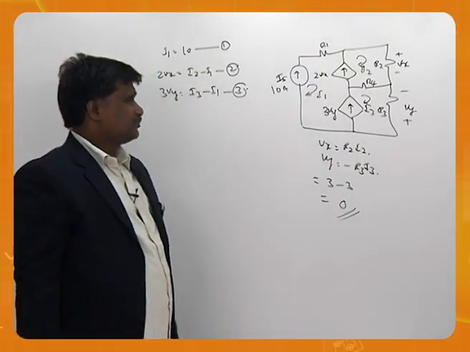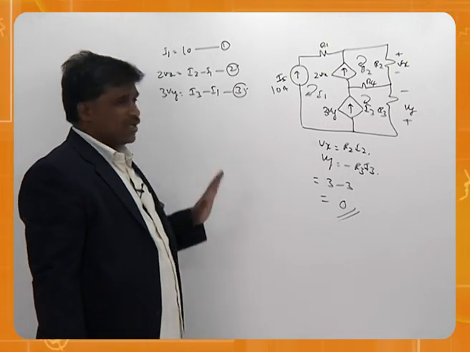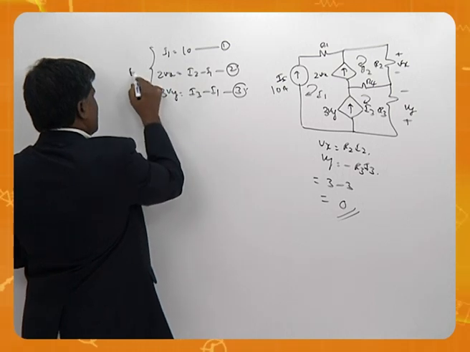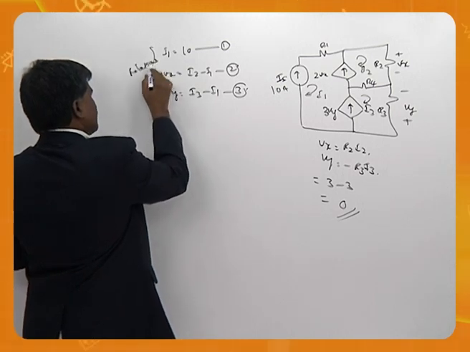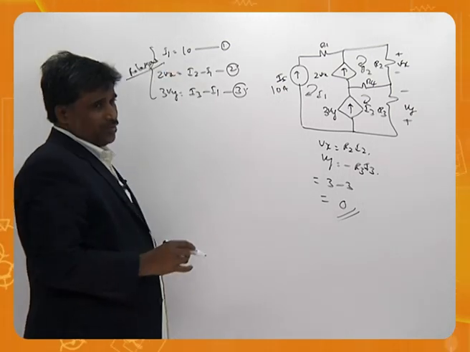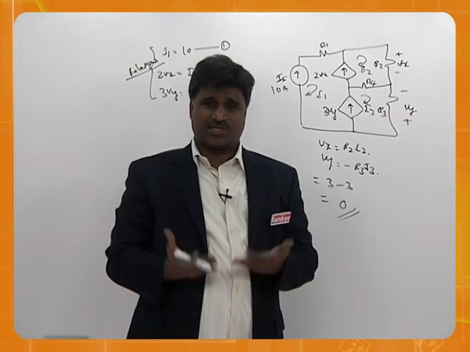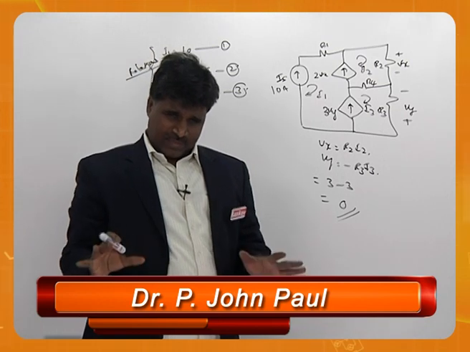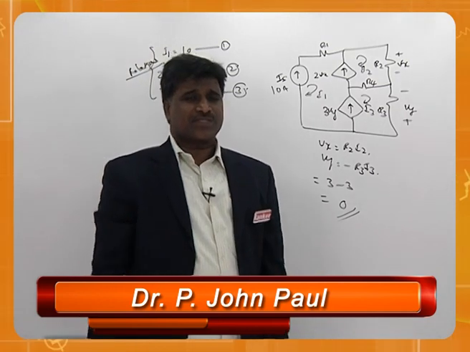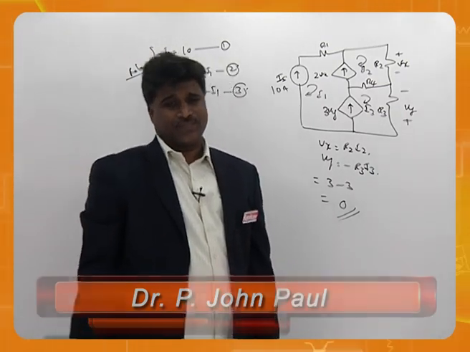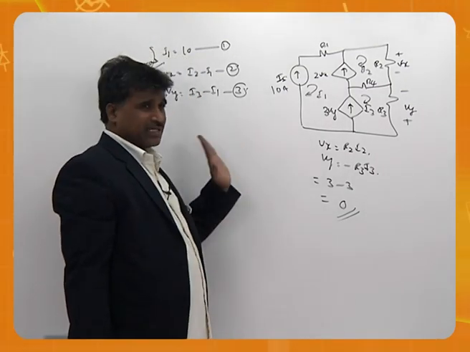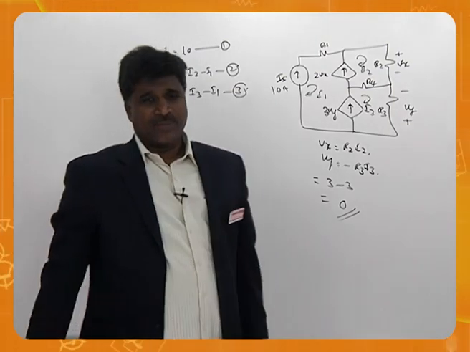That's not a problem. So this is how we are not using any equations. Please understand, all are relations. And as the number of current sources increases, it's always good to go for mesh because number of equations are reducing. Okay. No need of equations, straight away answer will come. That's the end of mesh analysis.